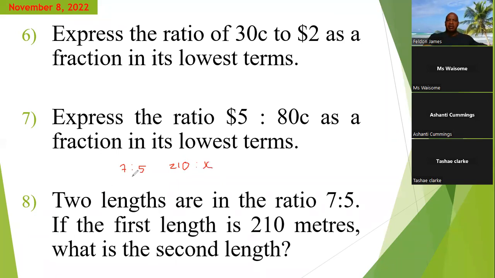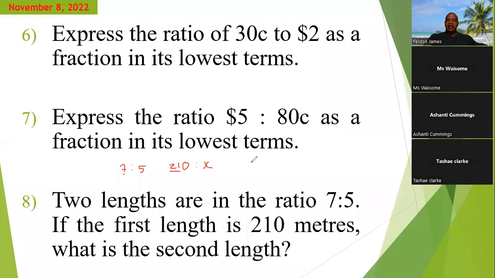Now, we know that when we compare, the first ratio here is comparing with the first ratio here. So we know this ratio and we know this ratio. So we take the smaller ratio to divide this larger one, and then we times it by the second ratio.